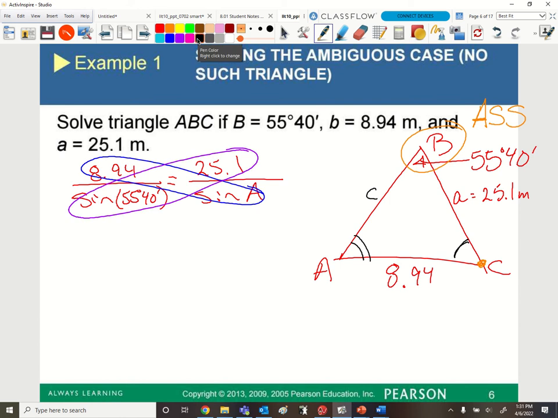So I'm going to end up with 8.94 times the sine of big A is equal to 25.1 times the sine of 55 degrees, 40 minutes. Now, I'm trying to get big A by itself, right? I'm trying to get big A by itself, but what's happening to that? That's in the sine, isn't it? So right now 8.94 is multiplying by that sine. So to undo that multiplication, divide both sides by 8.94.